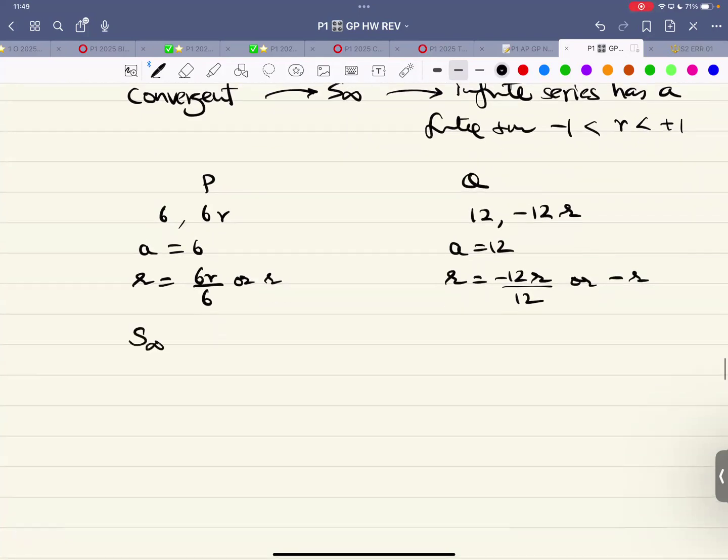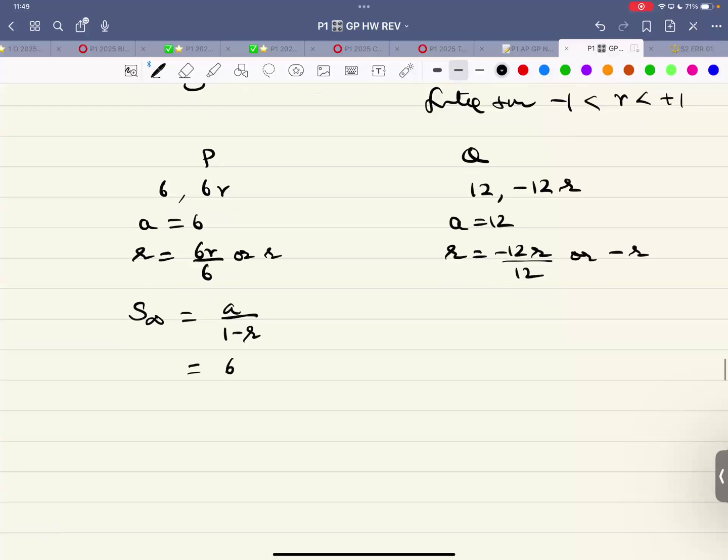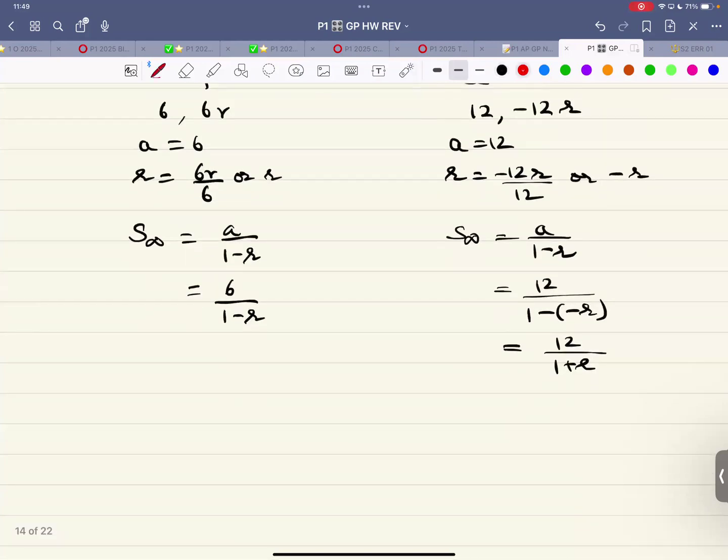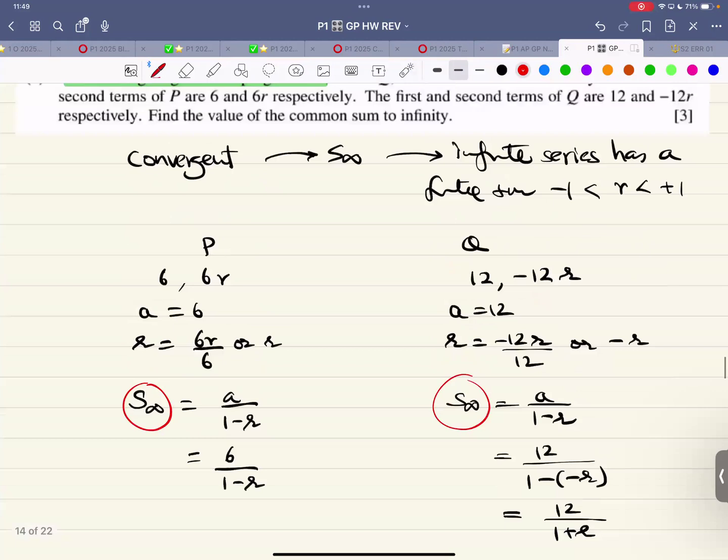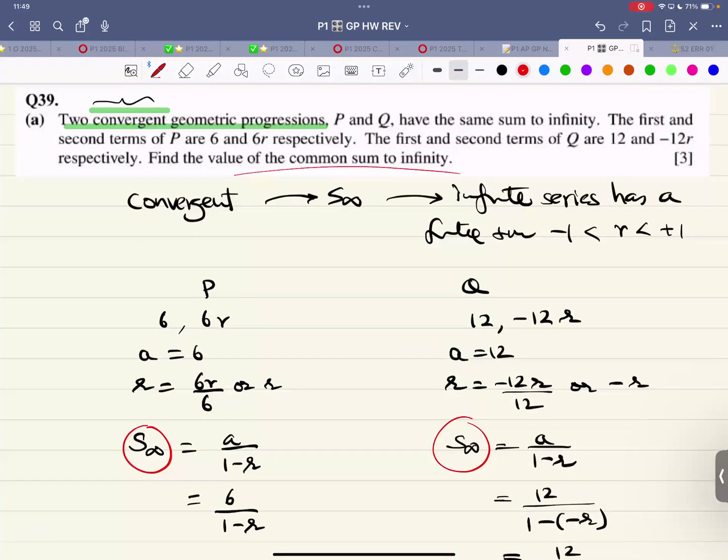Sum to infinity is A over 1 minus R. In this case, A is 6, the ratio is R. Over here, sum to infinity is A over 1 minus R, where A is 12 and this is 1 minus -R, which is 12 over 1 plus R. They are saying that the sum to infinity is common. They are asking for the value of the common sum to infinity.